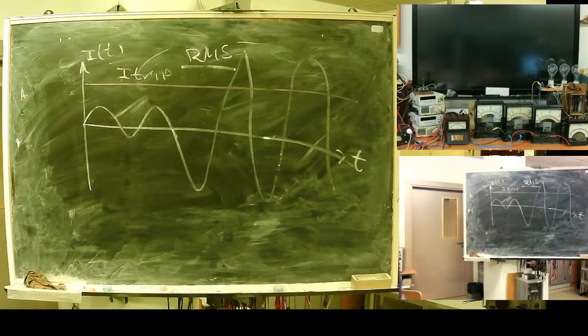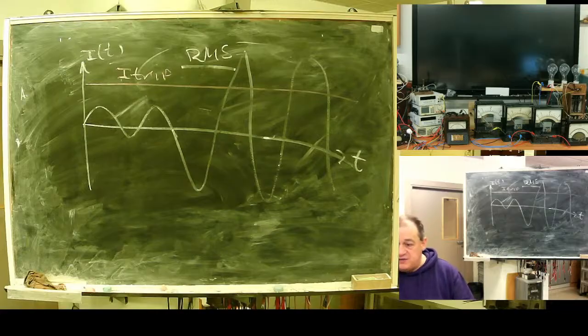Connected to AC, I need, in case of pure AC, 311 volts, square root from 2. For pure sine, ratio between DC and AC effective value is square root from 2. So, if I have magnitude 220 square roots from 2, they will produce same 1000 watts.